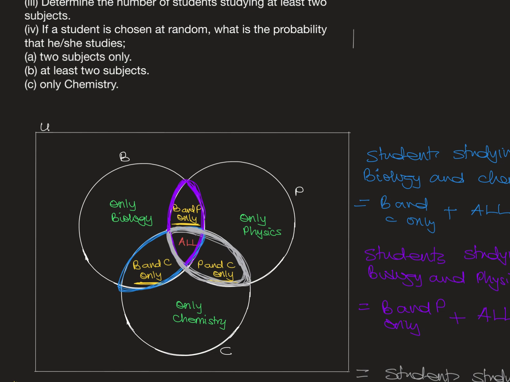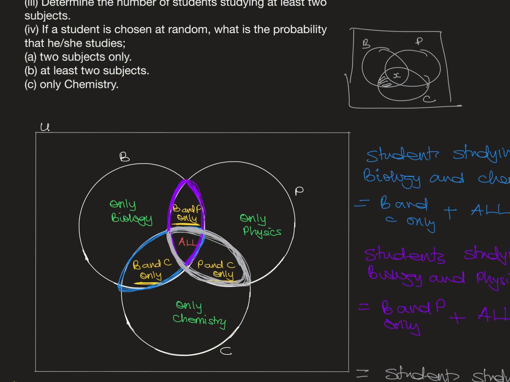If you are not given the number of students studying all the 3 subjects, you can call it X. So for those studying 2 subjects, let's say this is biology, this is physics, this is chemistry. If you want to know those students that are studying only biology and chemistry, then you have to subtract the students who are studying all the three subjects from the students who are studying biology and chemistry.